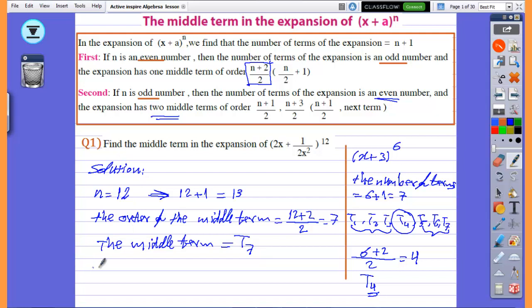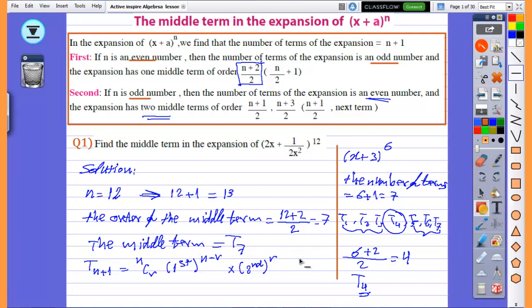So we know the general term. It's the rule: T(r+1) equals nCr times the first term to the power n minus r, multiplied by the second term to the power r. It is a rule, you must memorize it.